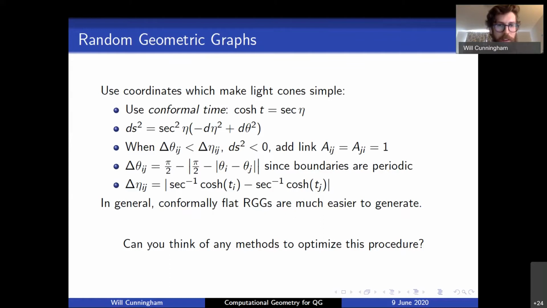And then this linking procedure can also be done independently because the connection probability for a pair of points is not going to depend on any other pair of points. It's only dependent on their coordinates. So this, because it's a matrix operation, is actually very well suited for CUDA and GPU computing.